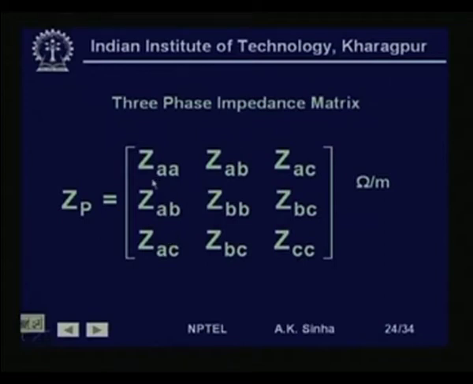Therefore, we will get now Zp, which will be a 3 by 3 matrix as Zaa, Zab, Zac, Zab or Zba will be same, Zbb, Zbc and Zac, Zbc, Zcc. So, this is now a 3 by 3 matrix from where we have eliminated the currents in the neutral conductors or the ground conductors.